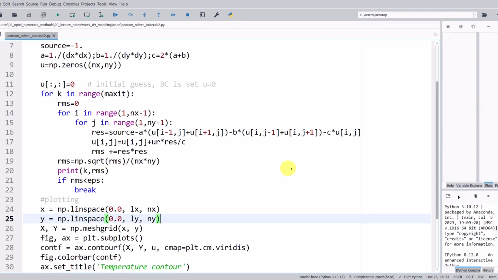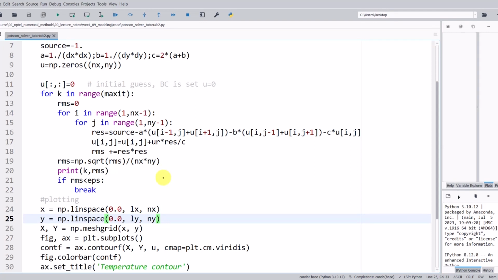If I run this, it will take a few minutes probably, and then it will give the result. This is usually slow in Python. Python itself is a slow language, but this is for our practice, so we should be all right. If you want to make it faster, you have to use either a different language such as Fortran or a C type language, or in the Python environment, you have to use a SciPy sparse solver like that.